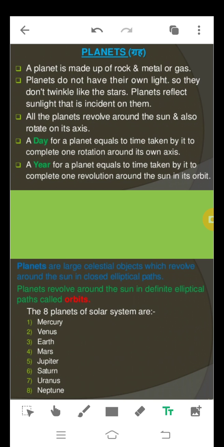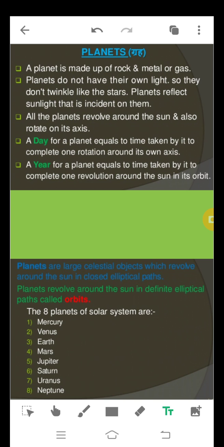All the planets revolve around the Sun and also rotate on their axis. A day for a planet equals the time taken by it to complete one rotation around its own axis, whereas a year for a planet equals the time taken by it to complete one revolution around the Sun in its orbit.